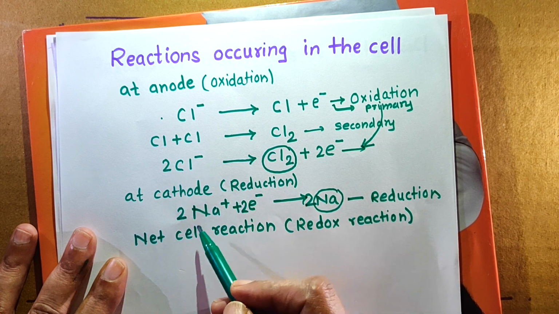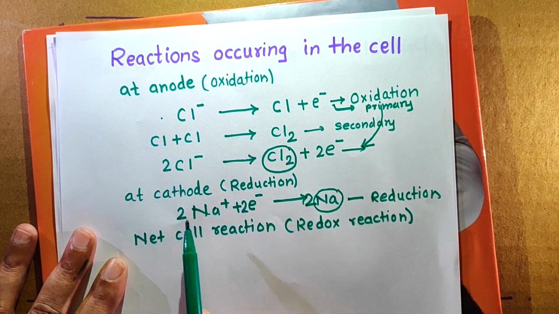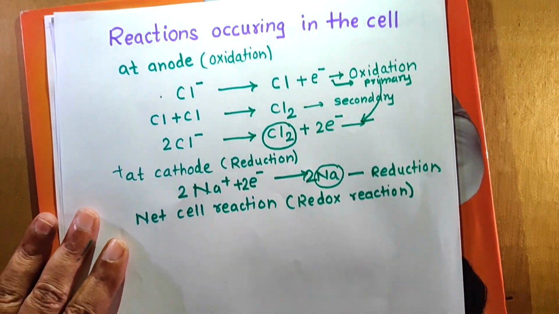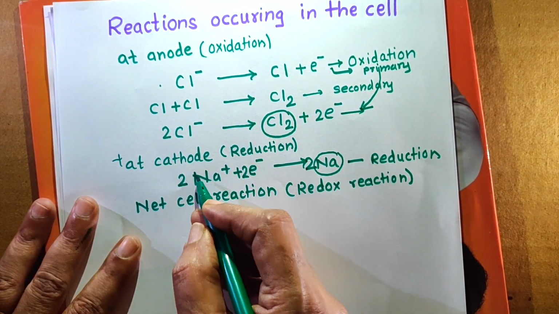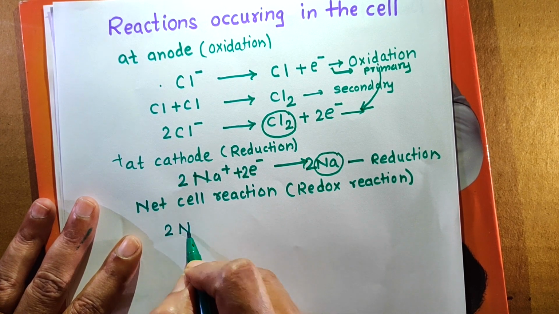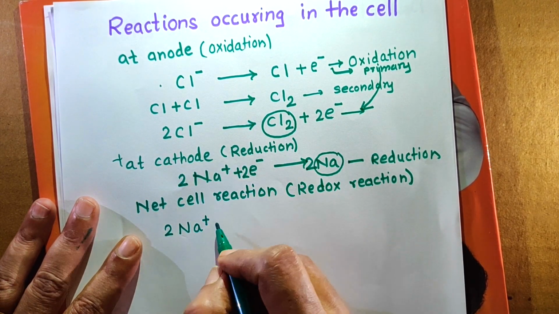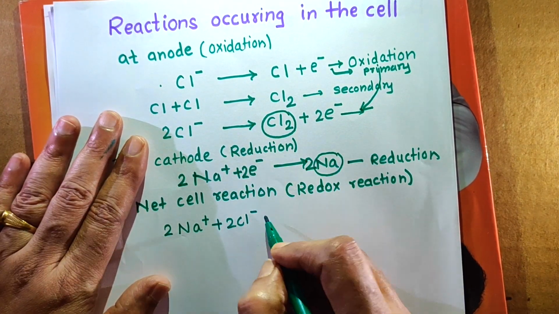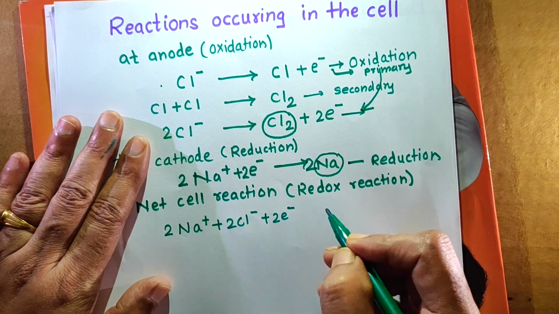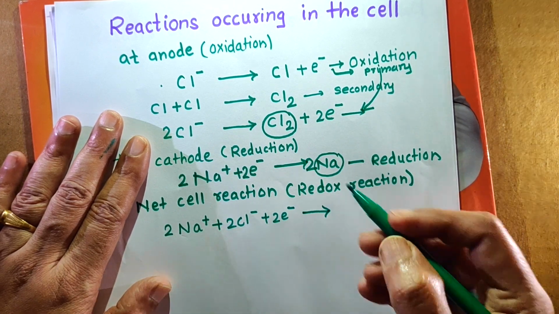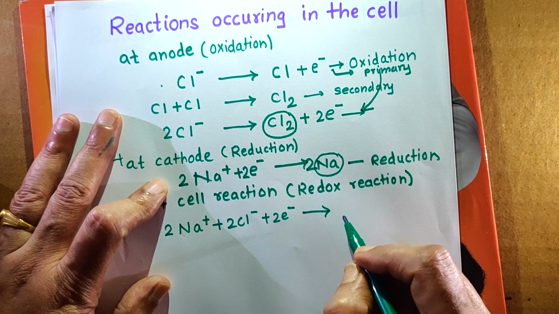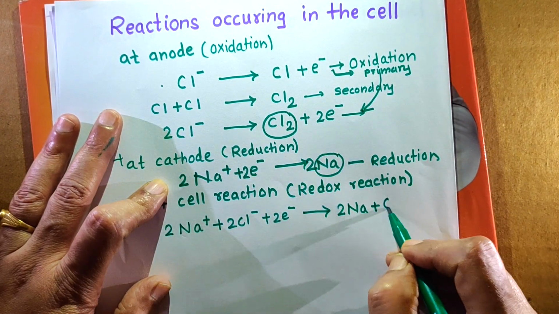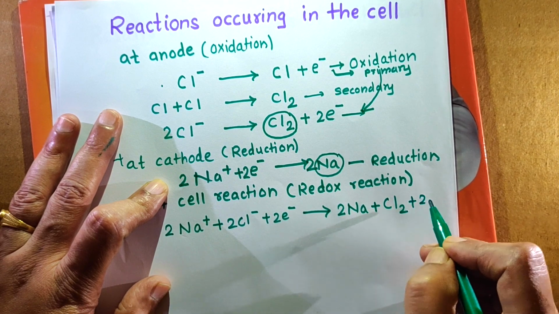Now adding these two reactions, the oxidation half reaction and the reduction half reaction, we can obtain the net cell reaction. On the reactant side we write 2Na+ plus 2Cl- plus 2 electrons, and on the product side 2Na plus Cl2 plus 2 electrons.